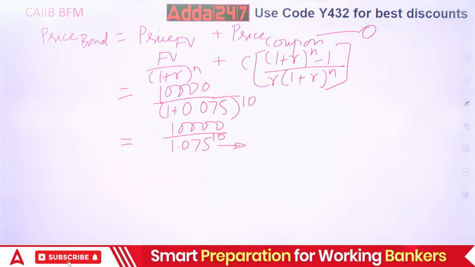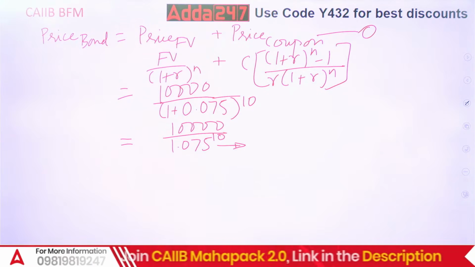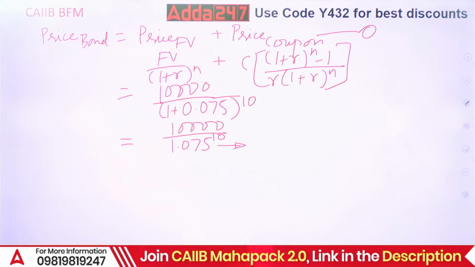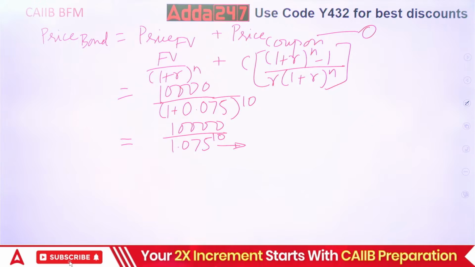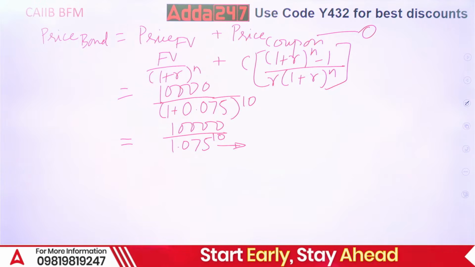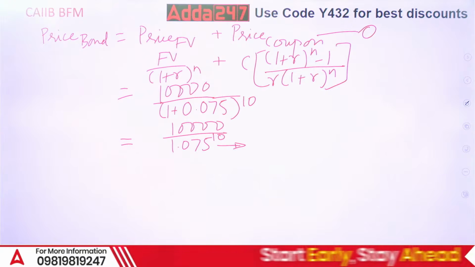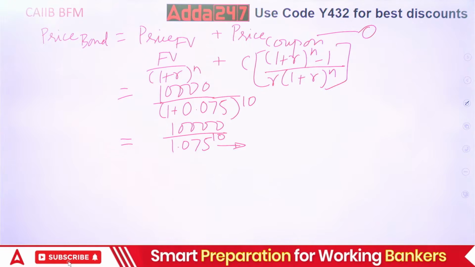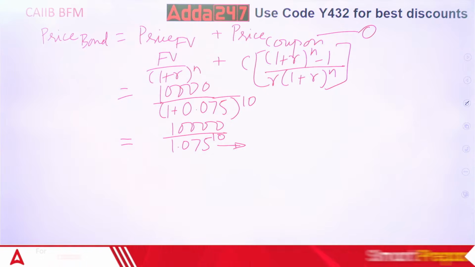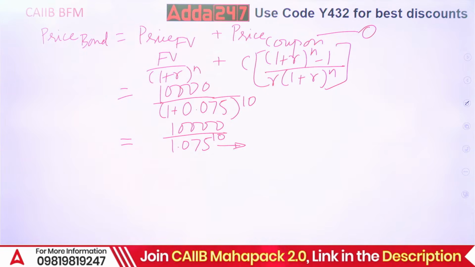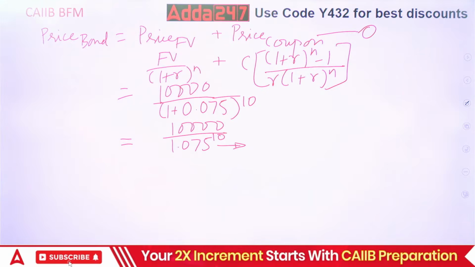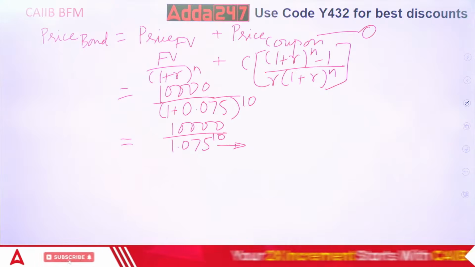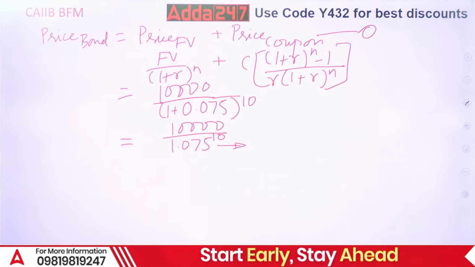I want only the denominator now, the below part. So let me also try, because I have also not tried this problem. 1.075 raised to 10, 10 years.